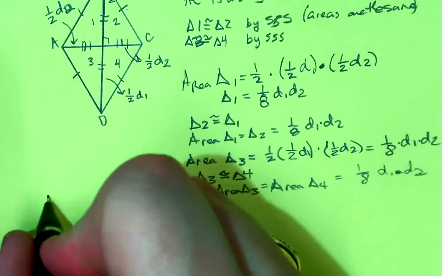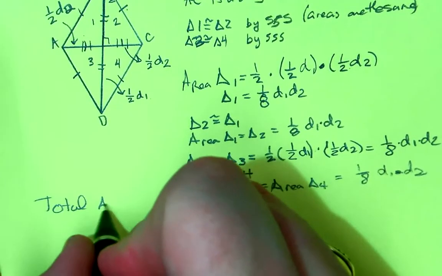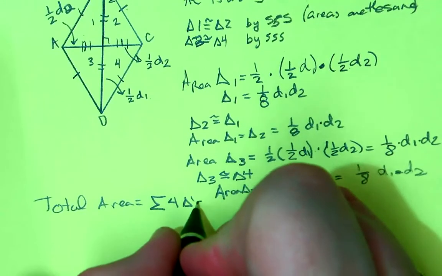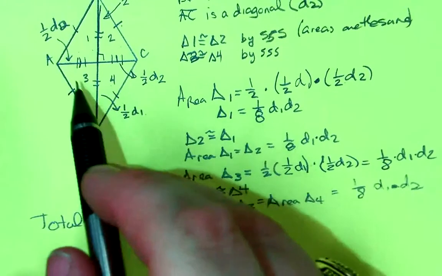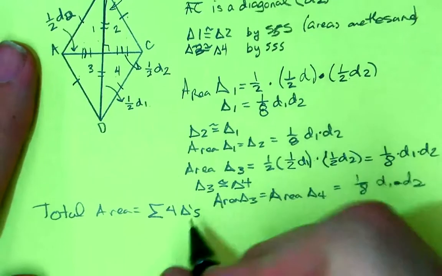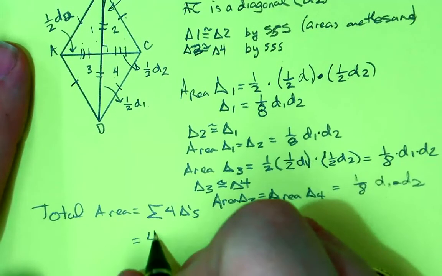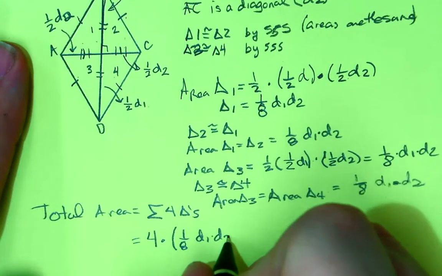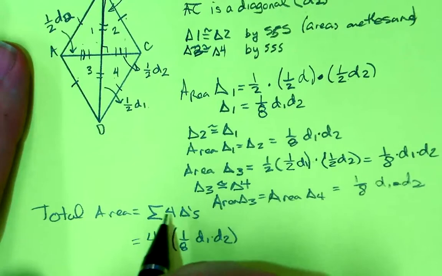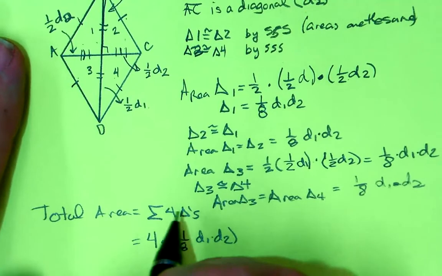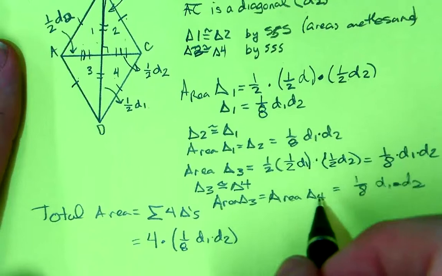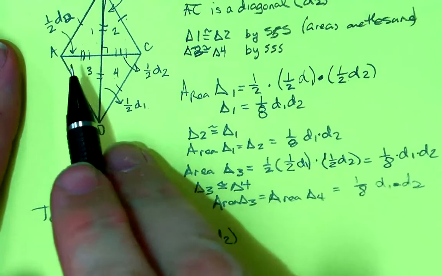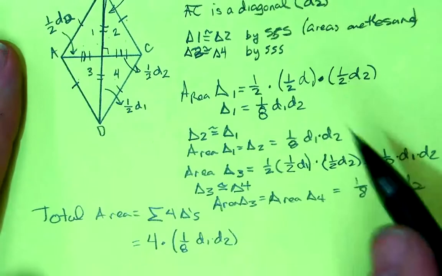Now, if the total area is equal to the sum of the four triangles, 1, 2, 3, and 4, and they all have the same area, we can say it'll be 4 times 1/8 D1 times D2, because we've already determined that 1/8 times D1 D2 is the formula for the area of all four triangles.